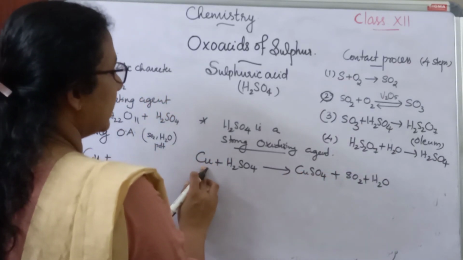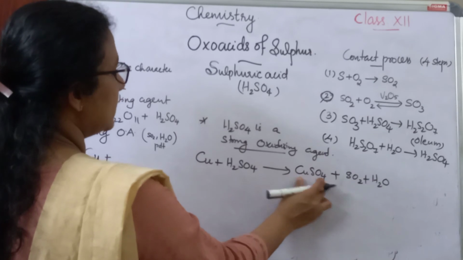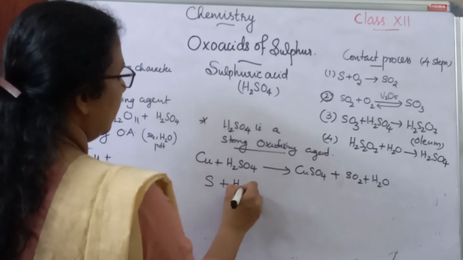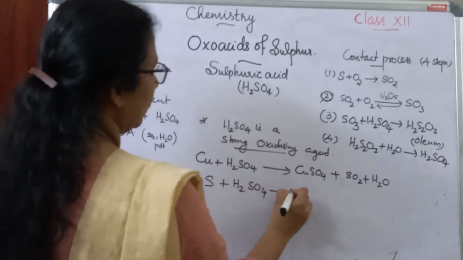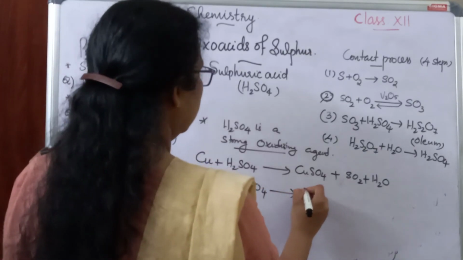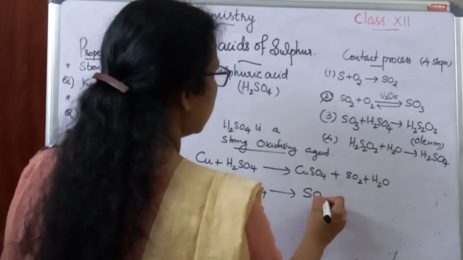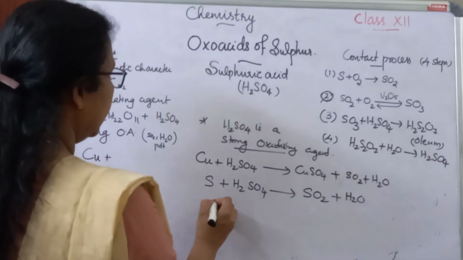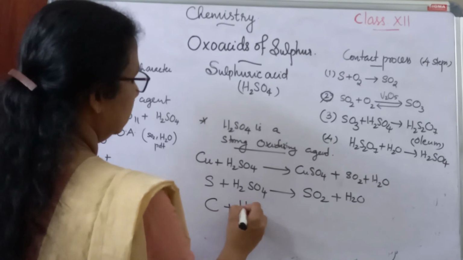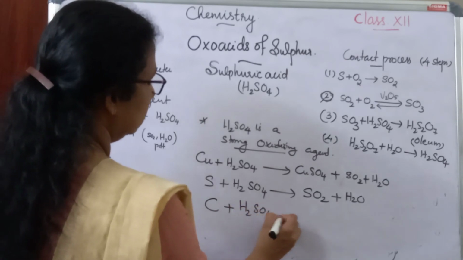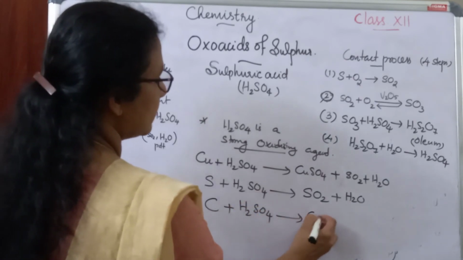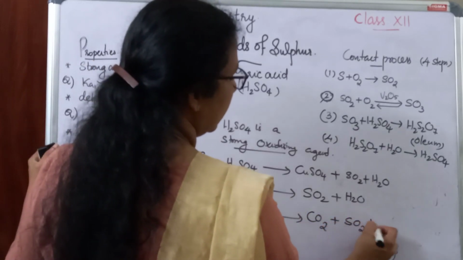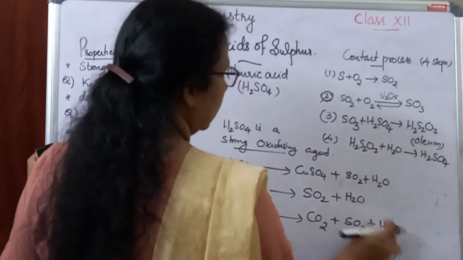Copper is oxidized to copper sulfate. Another equation is S plus H2SO4, which gives sulfur dioxide and water. Regarding carbon, carbon is oxidized to carbon dioxide, again with sulfur dioxide and H2O as other products.